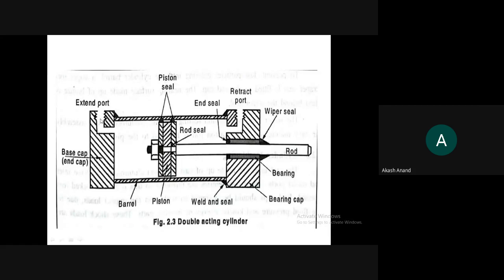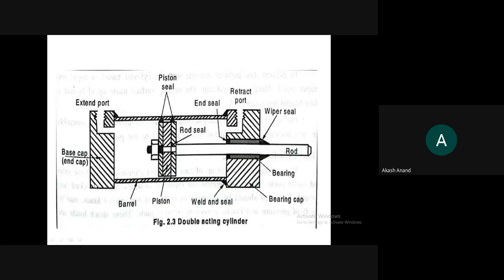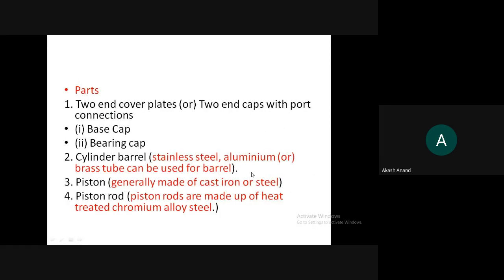You have to know that the ports are given at the cover plates. One is called the base cap, and the other side is called the bearing cap. These are just the names given for the end cover plates.